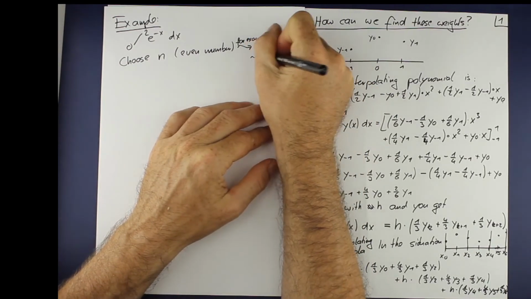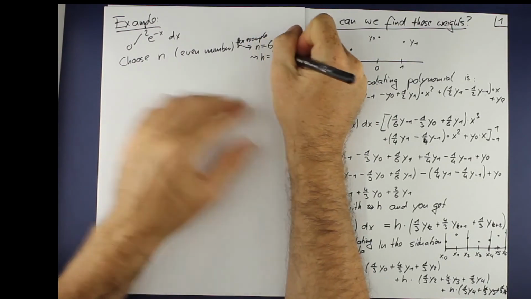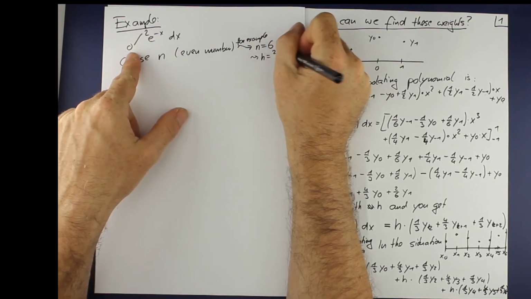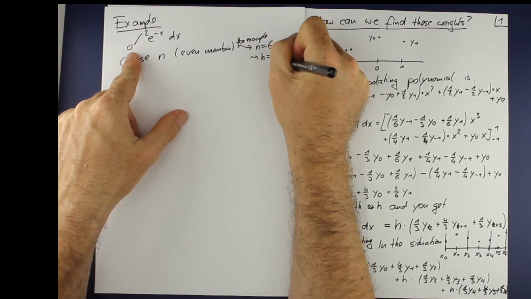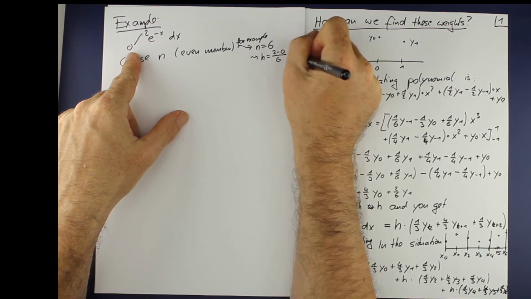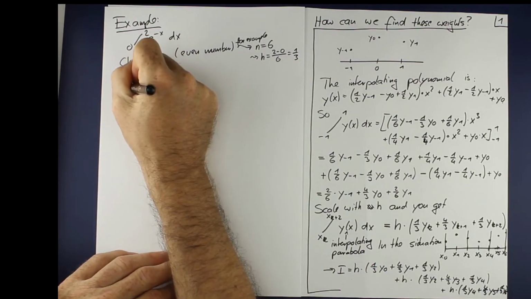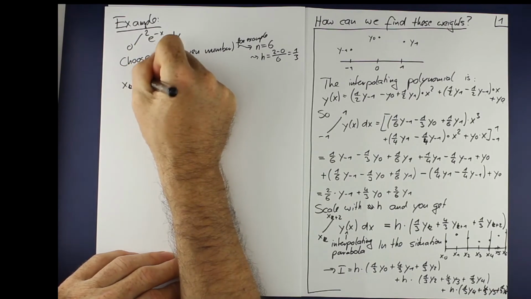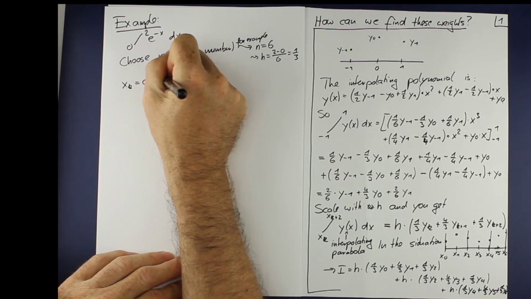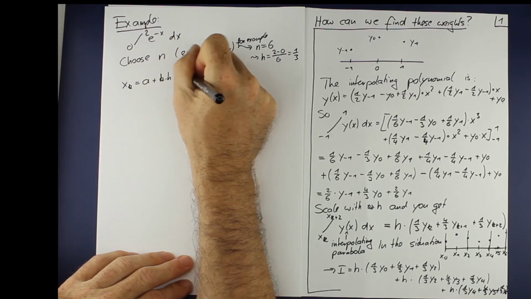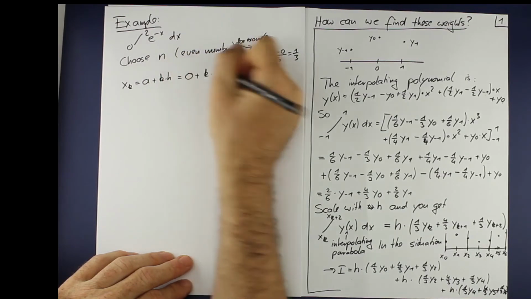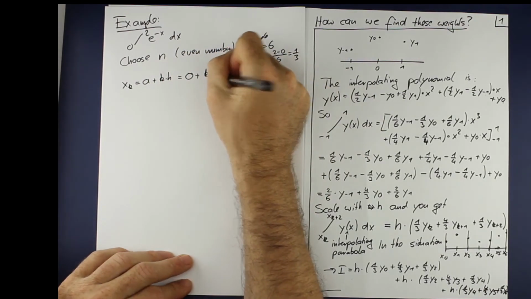So this gives us h is 2, the length of the integration interval, divided by 6. So we have 1 divided by 3. Then we have xk, which is a plus k times h, so it's 0 plus k times 1 divided by 3.